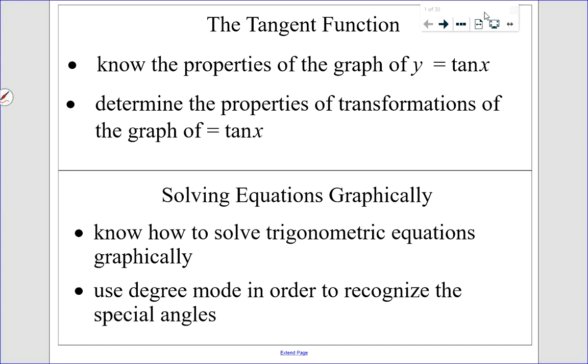Then we actually started off this unit by saying, look, you can solve any trigonometric equation graphically. And you will be asked on your unit exam questions that test your understanding of that. Okay, so for example, I might tell you that you have this equation.